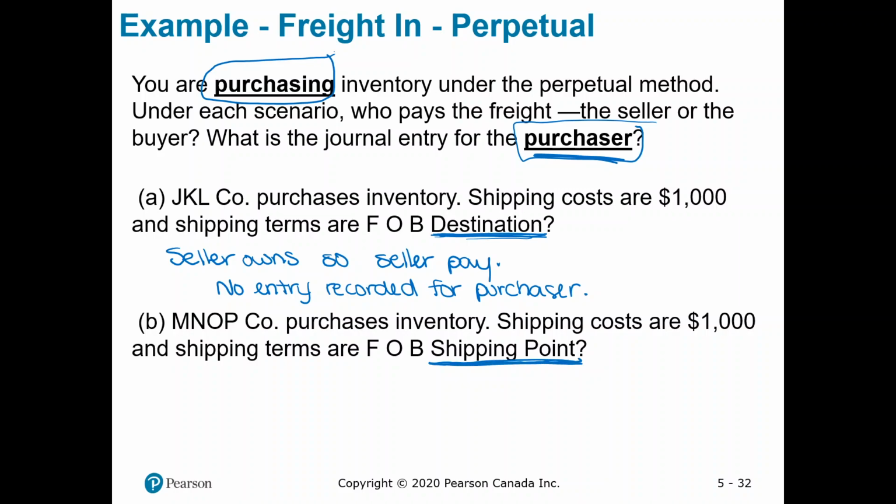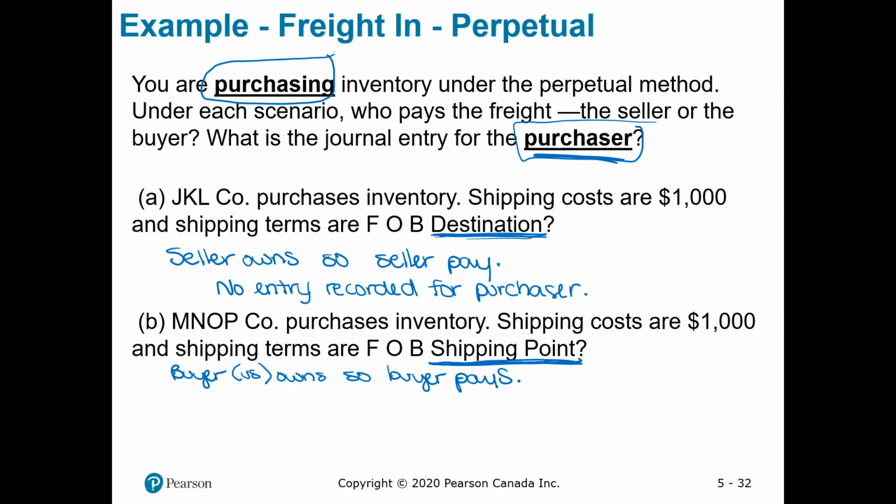So as soon as it's shipped. Because of this, the buyer, which is us, owns, so the buyer pays. So therefore, we actually are the ones that are paying this shipping cost. So we need to record a journal entry here.